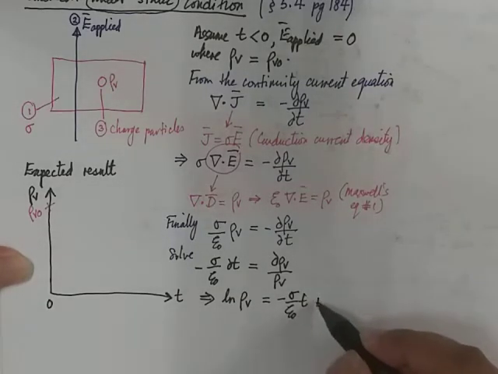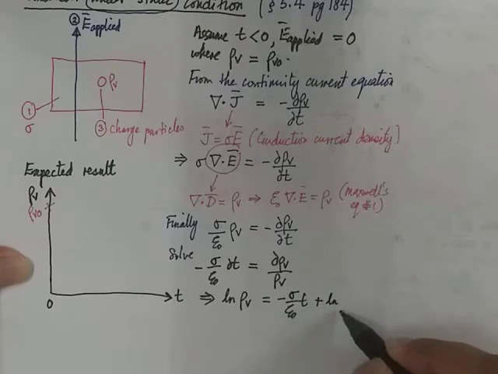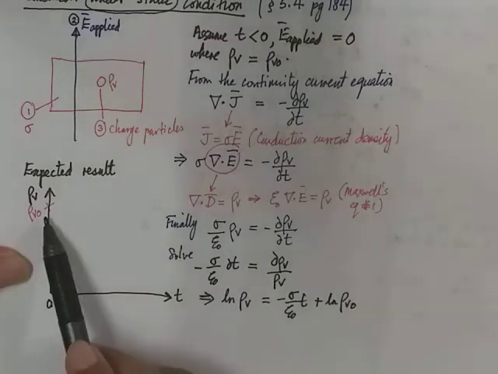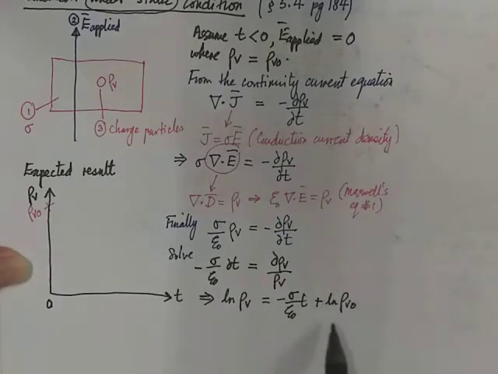I'm going to put plus ln rho v naught. Why? Because at time t equal to 0, my rho v is equal to rho v naught. So that should be the constant I'm going to place when t equals 0.